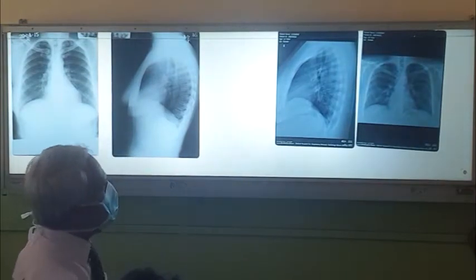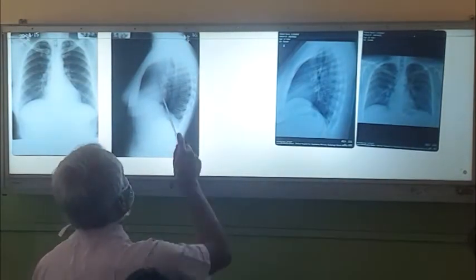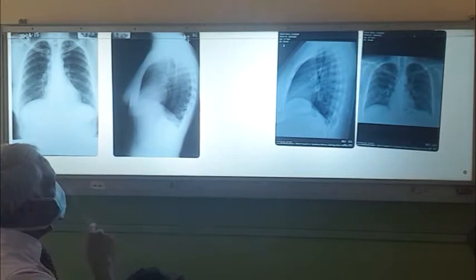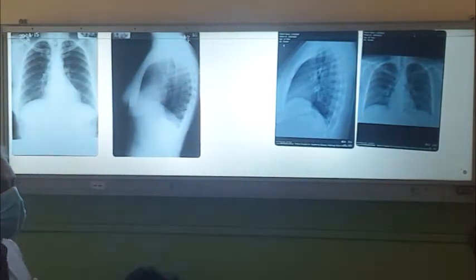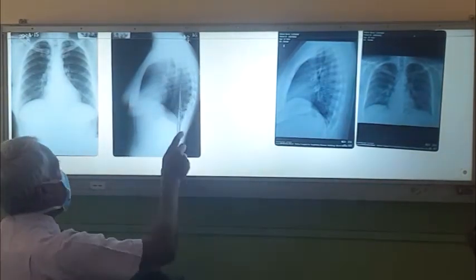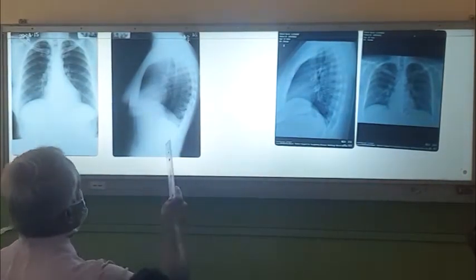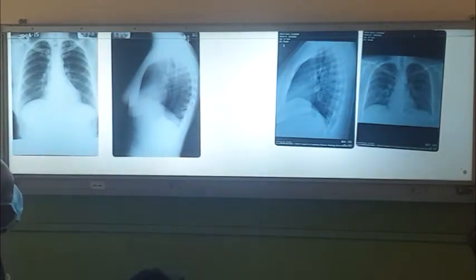And another point that you have to remember is there is a darkness above the heart, and that darkness is equal to the darkness behind the heart. So that also you have to notice, right? Always look at the bones and everything, whether there are collapsed vertebrae. But I'm talking about the lungs here.